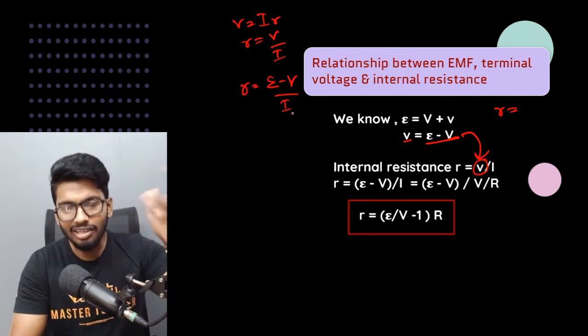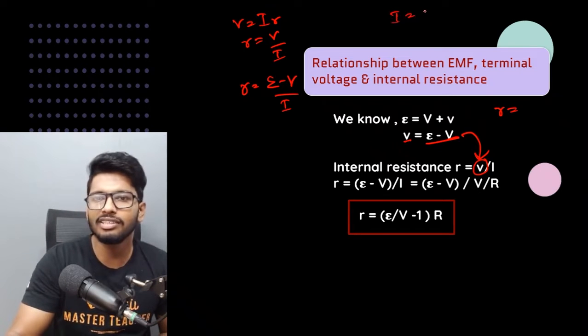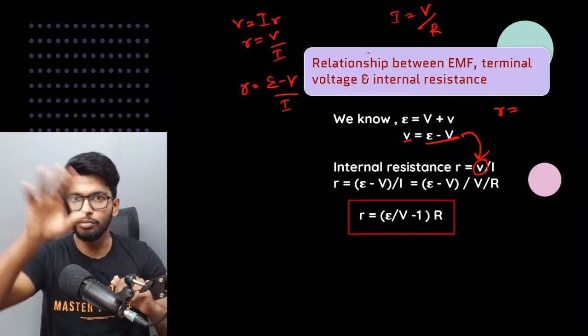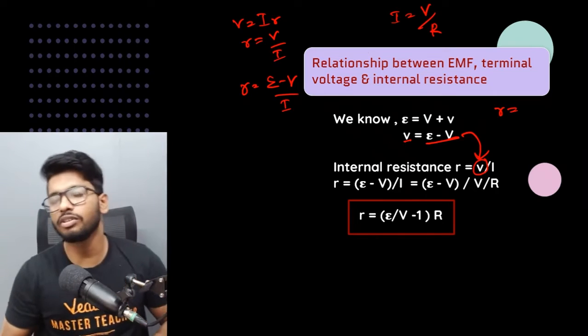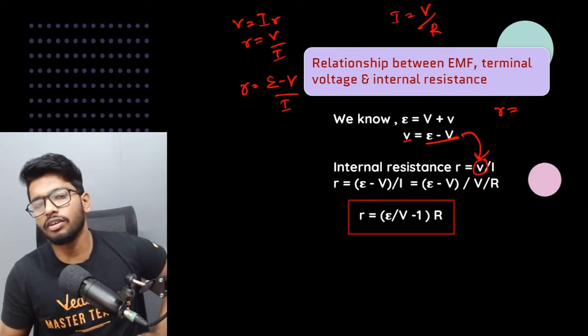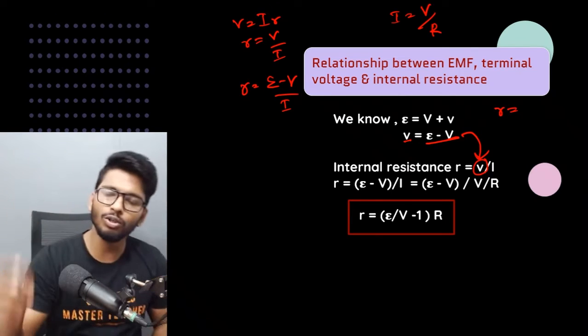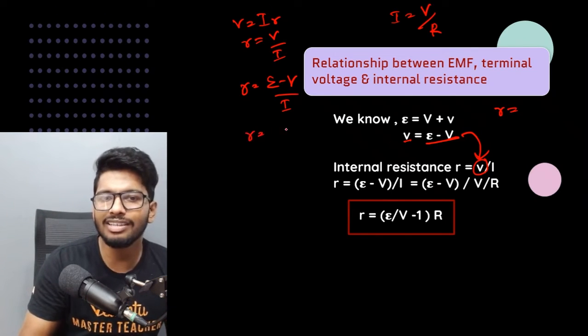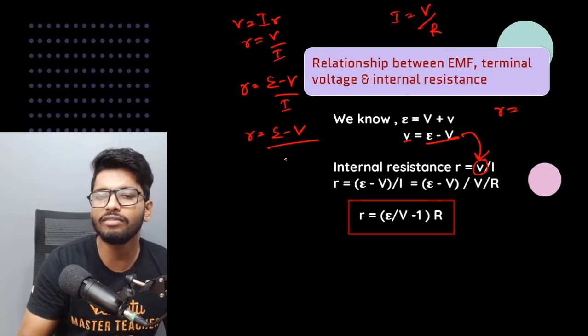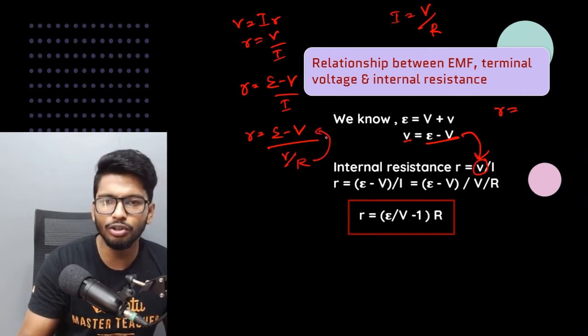Now the total current flowing through the circuit is what? If we talk about the current flowing through the circuit, that is nothing but the terminal voltage divided by the external resistance. So I'll substitute that also in this equation now. So r is equal to EMF minus the terminal voltage whole divided by V by R. Now from this equation, guys, R will go to the numerator.